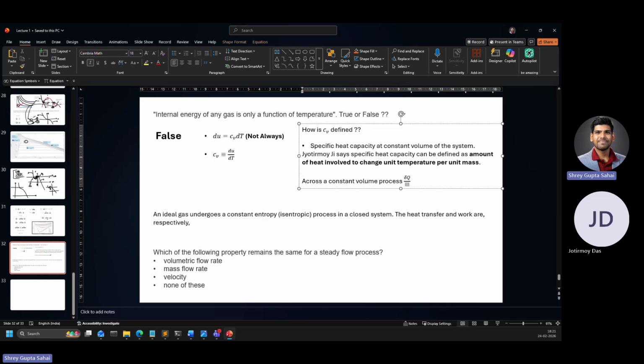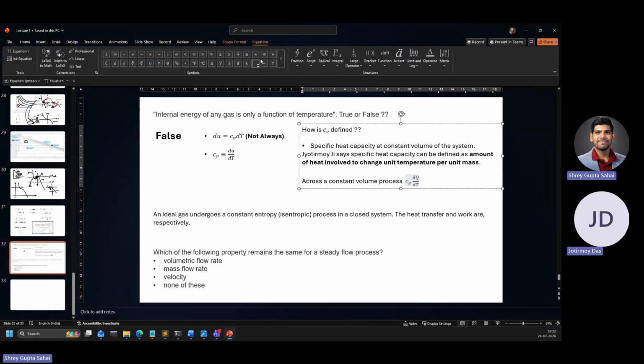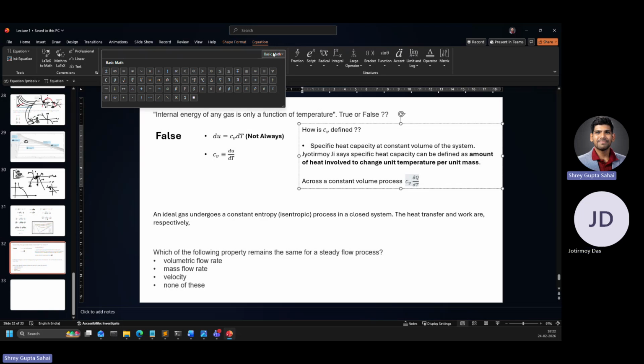I should say del q by dT is CV. Is this okay? And I will use the three-line symbol for definition. Or let me be more precise, I'll use the correct symbol.